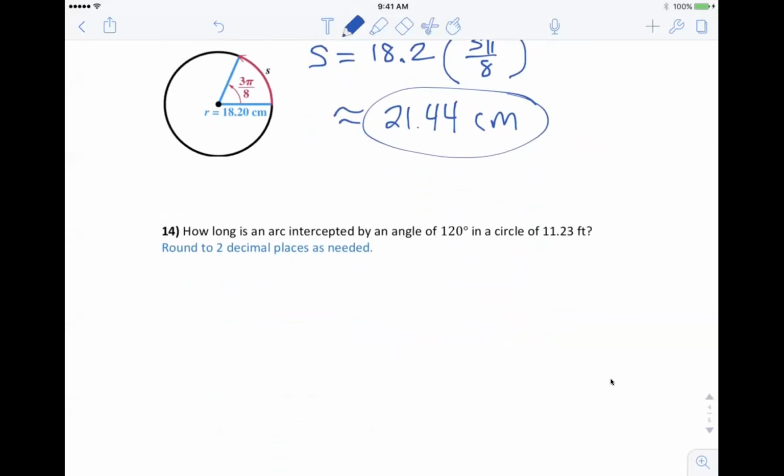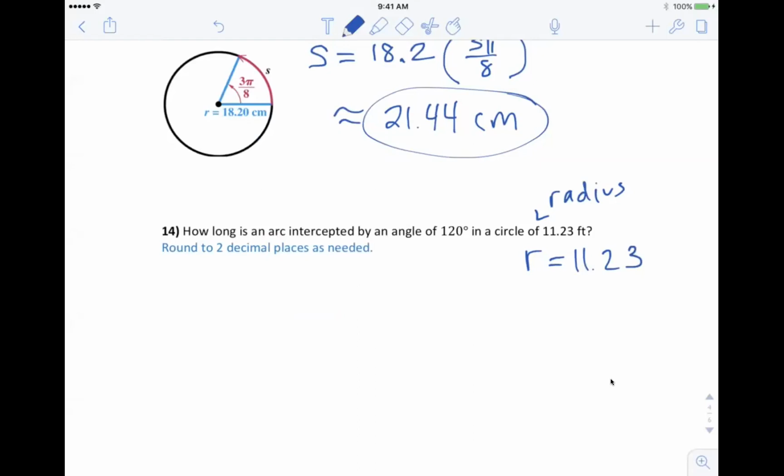That should be radius, so let's include that in there. Sorry about that. This is a radius of 11.23. Sometimes you're given the diameter. If it's the diameter all the way across the circle, you'd have to divide that by 2 to get the radius. But here, let's assume that's the radius. So typo.